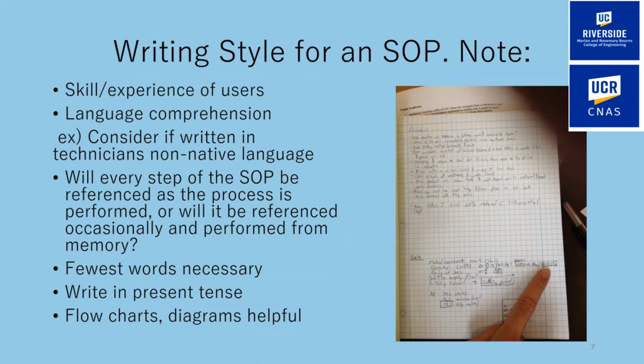Flowcharts and diagrams are useful as well for helping to understand exactly what is meant to occur. And so if you have a particular machine that has a particular interface, you might want to include a diagram of that machine, and you'll want to maybe document what the interface is and how they might interact with that interface to perform an SOP.